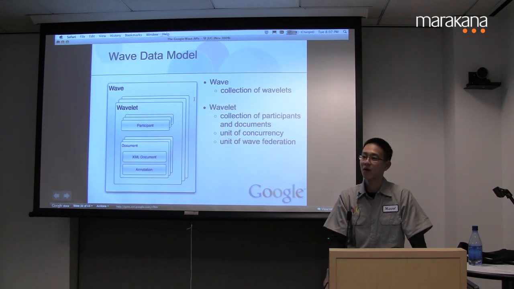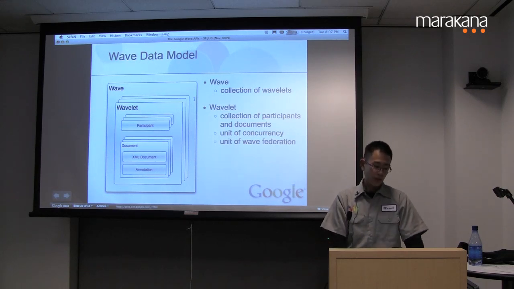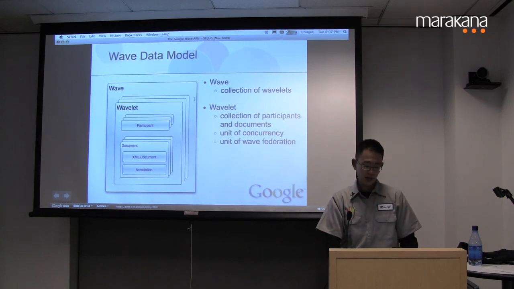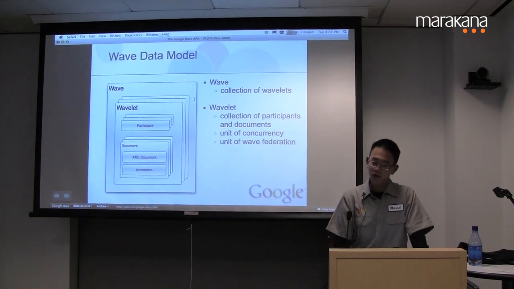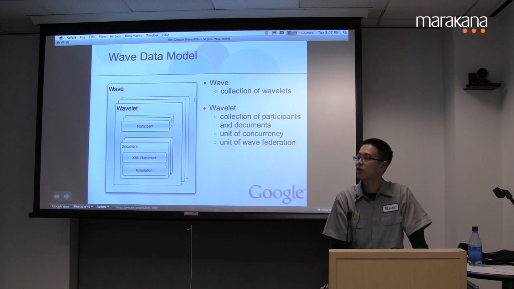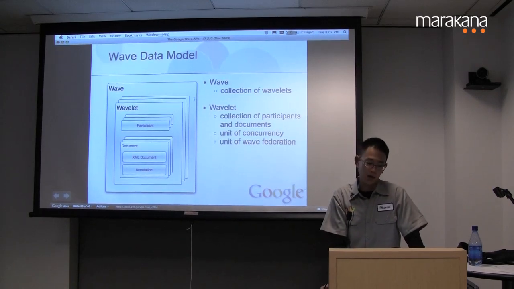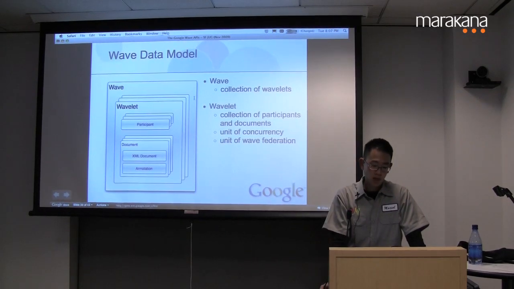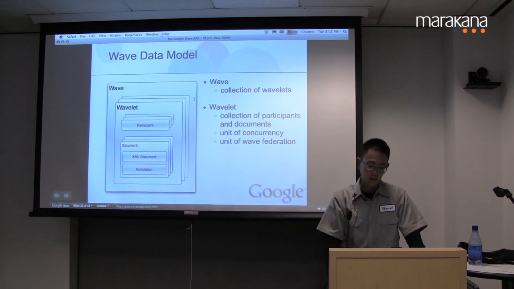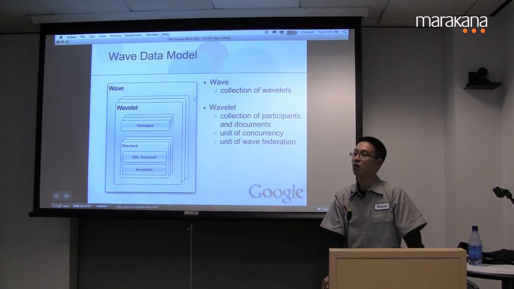Before we jump into a little bit of technical detail on Wave Federation, it's very important for us to understand the Wave data model. Under the hood, a Wave is basically a collection of wavelets.